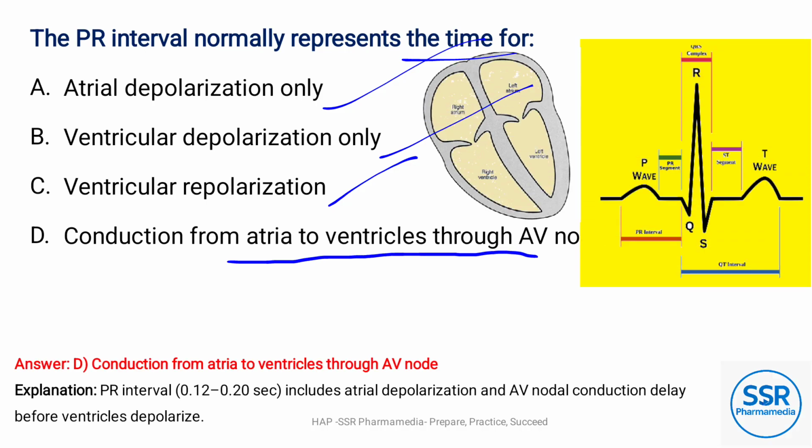So the answer is option D. The PR interval is about 0.12 to 0.2 seconds. It includes atrial depolarization and the AV nodal conduction delay before the ventricles depolarize.